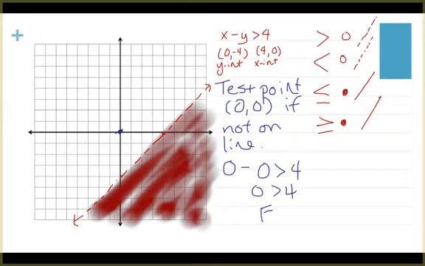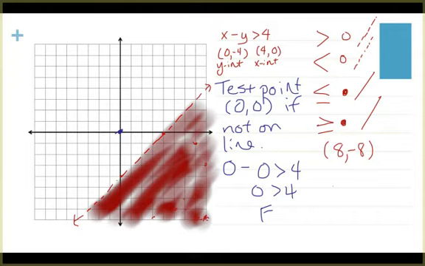I could pick any point in there. I could pick this point, or this point, or this point. I could even pick fraction points, but that would be kind of silly and a lot of work. So I'm just going to pick something I know for sure is in there. Let's say 8, negative 8. I think this is 8, negative 8 right here somewhere. I'm just going to pick any point that I think is in my solution area.